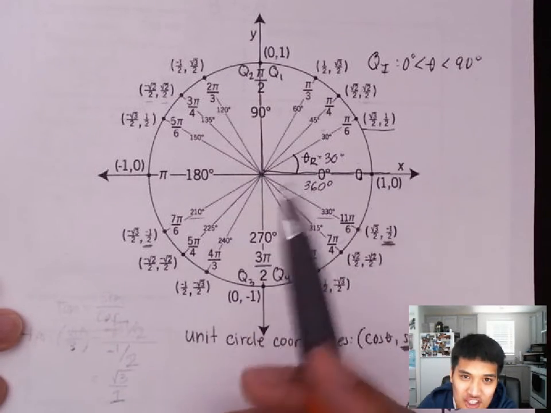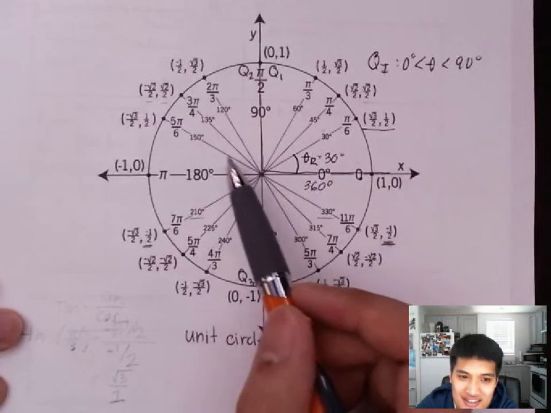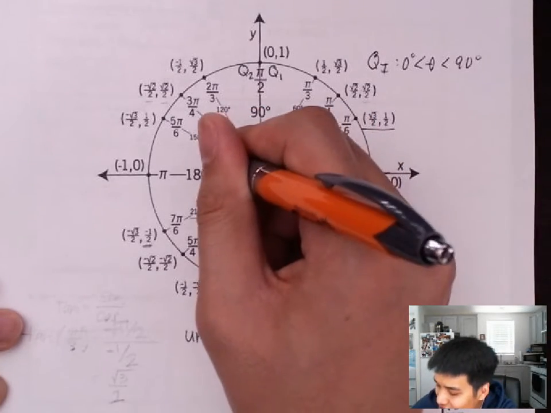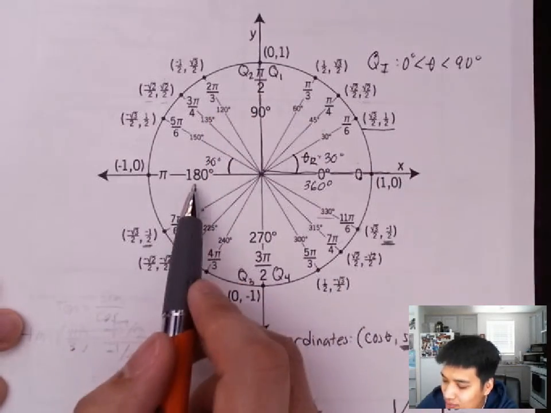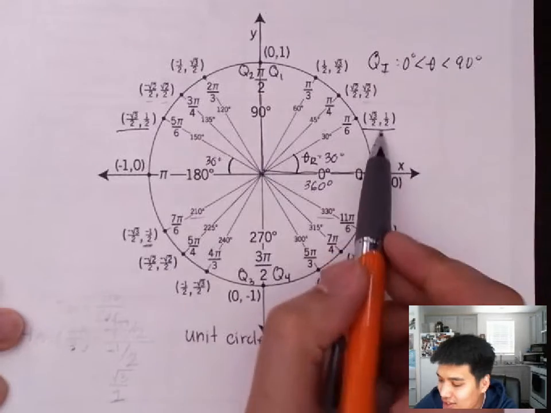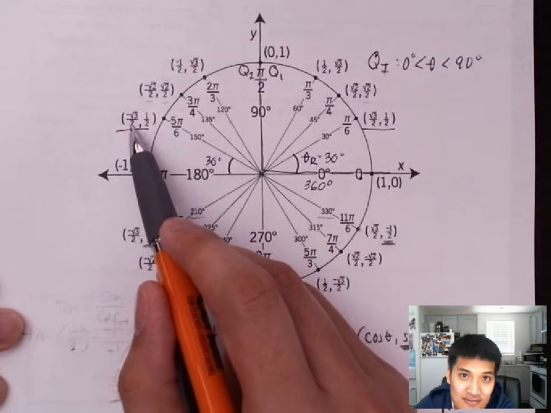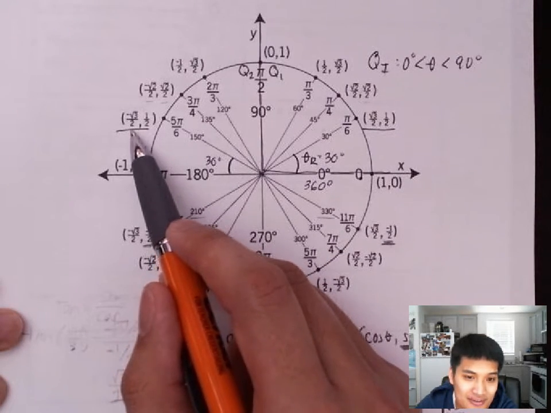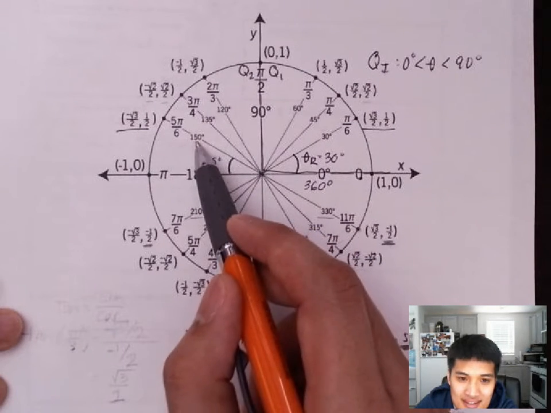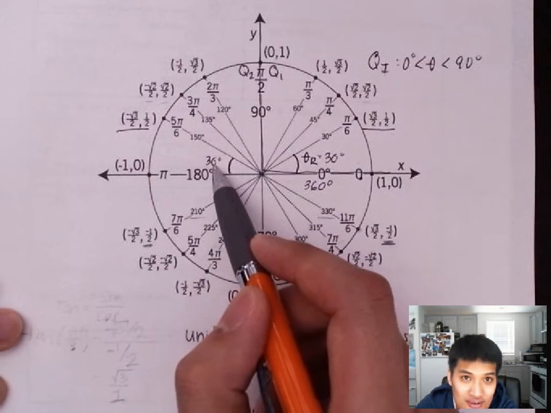It's just the signs are going to be a little bit different. Take a look at this one. It is 30 degrees away from 180 degrees. As you can see, they have similar values. It's just that the x value here is going to be negative. So the reference angle for 150 degrees is actually 30 degrees.